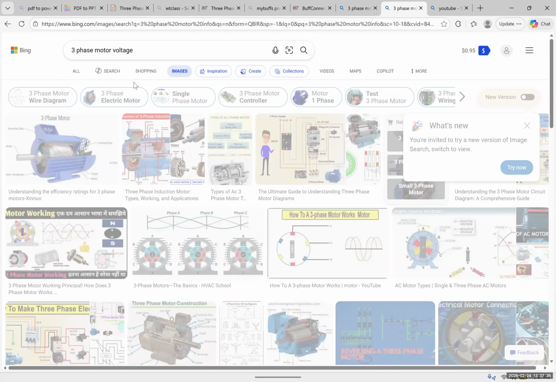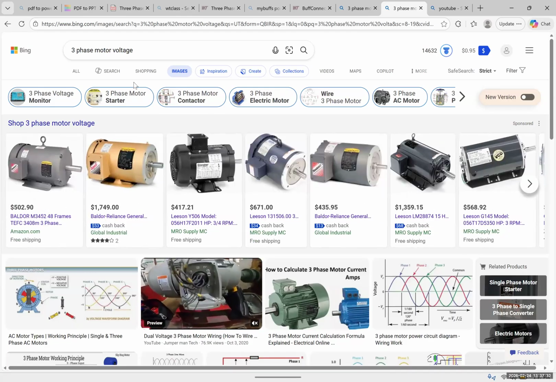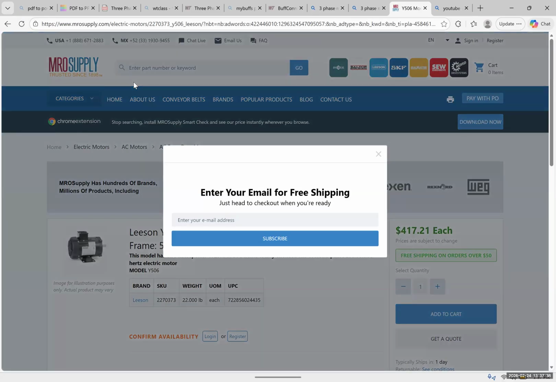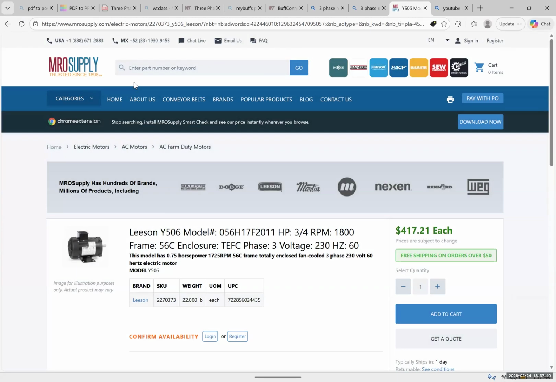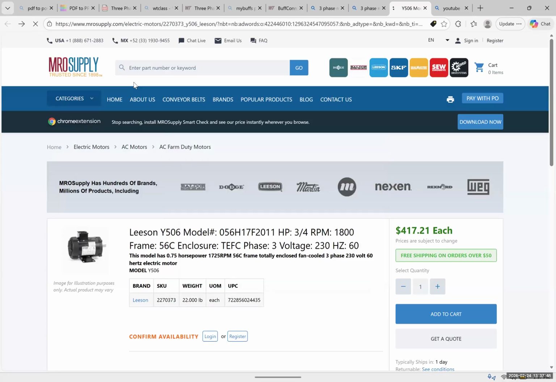The problem is it's searching in Bing and I don't want to go on Google. I think this one shows it pretty well. So on a three-phase motor, let me see if I can pull the picture here. Okay, this one doesn't show.